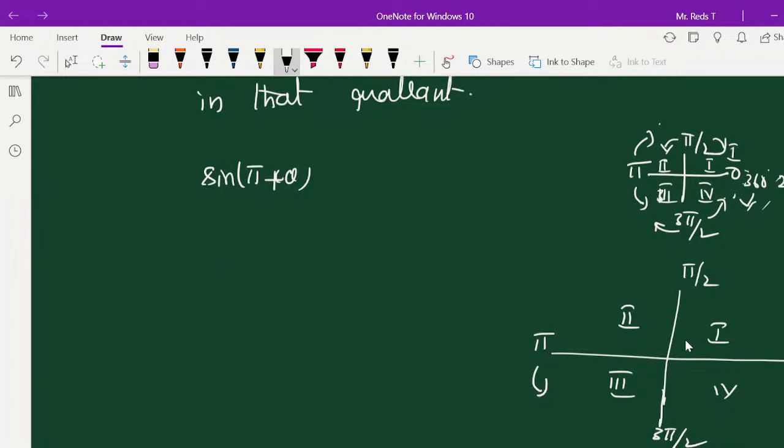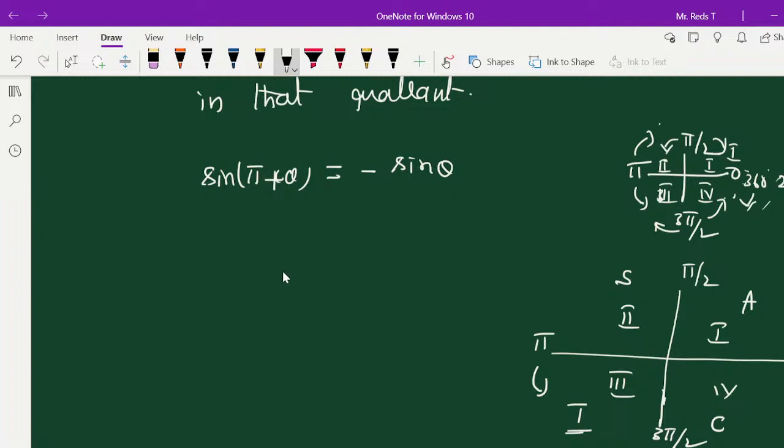According to the ASTC rule, in the third quadrant tan is positive and its reciprocal, cot, is positive. The remaining functions are negative. So sine is negative, and you immediately have to put a negative sign. The function remains the same, sine theta, so it is minus sine theta. That is how you have to take it.